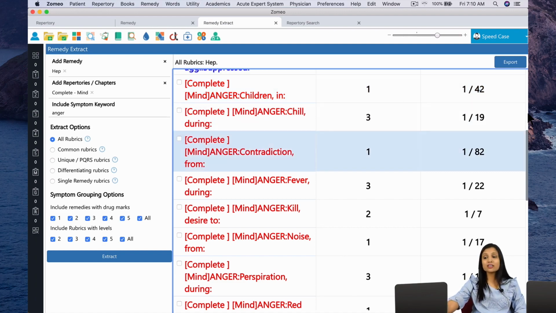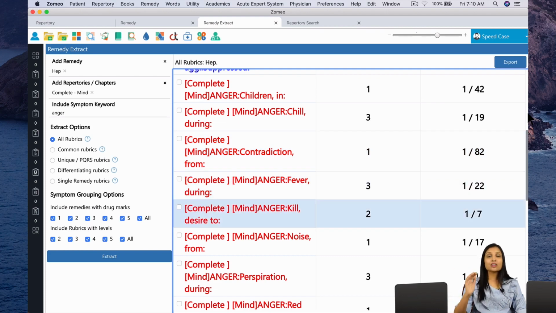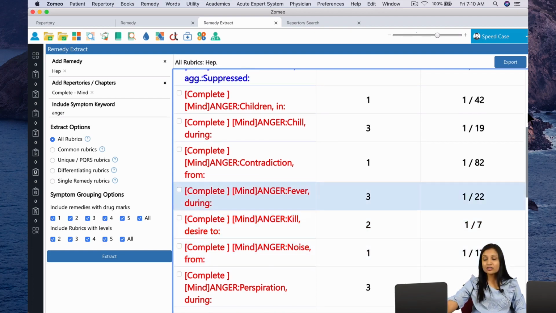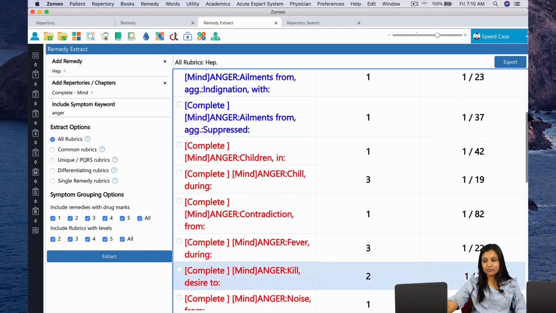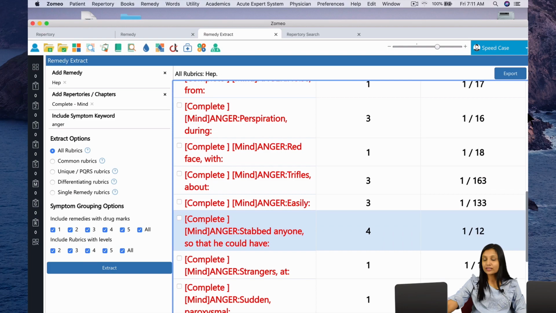Then you have anger from contradiction, anger with a desire to kill the opposite person. That is the level of anger in Hepar Sulph. Anger during perspiration, anger about trifles, and now look at this, anger, stabbed anyone so that he could have.